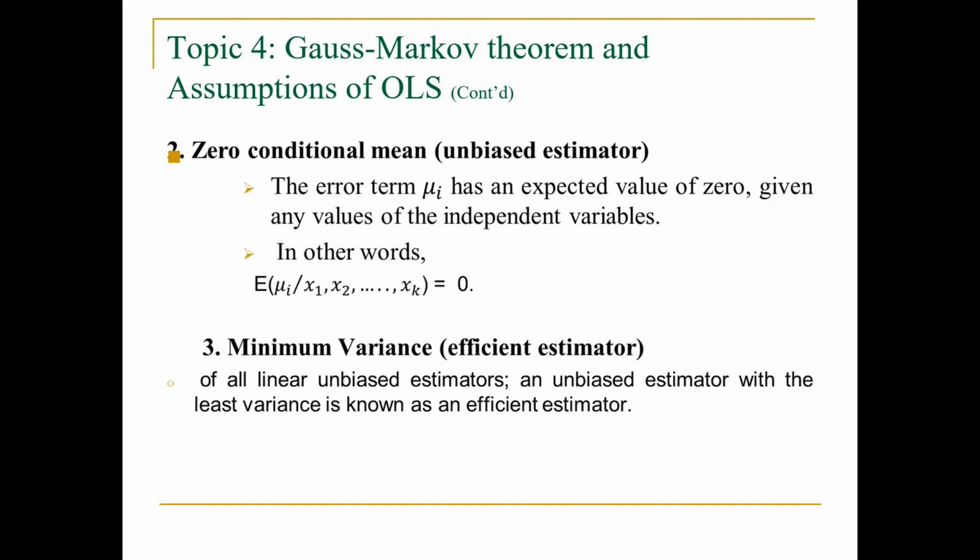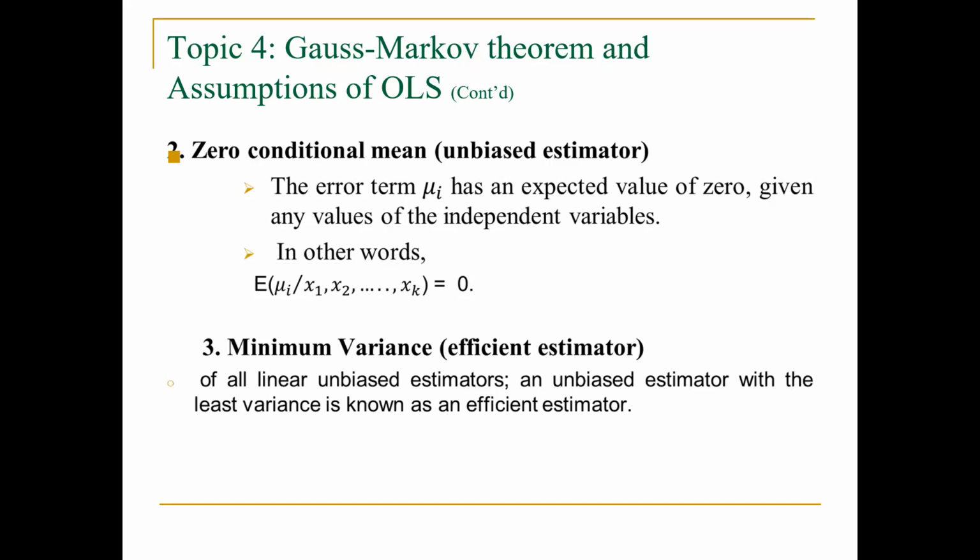Of course, the one which gives a higher value tells you that you are making more errors in the measurement, and therefore the error term is so high. In that case, it is not giving us the right estimator. So of all the linear and unbiased estimators, an unbiased estimator with the least variance is known as the efficient estimator. So that one gives us our third property or third assumption of the Gauss-Markov assumptions.